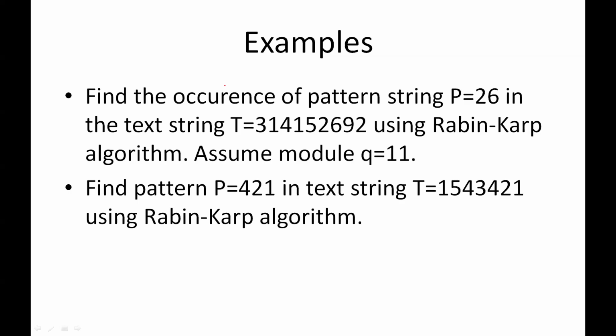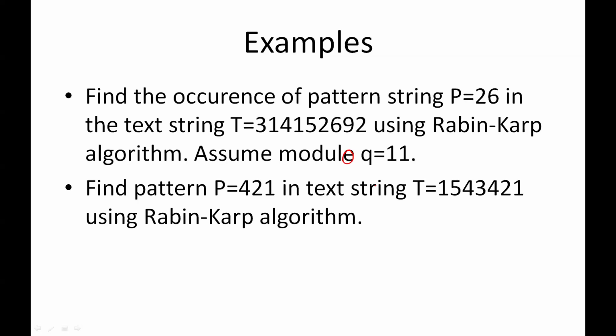Find the occurrence of the pattern string P equal to 26 in the text string T equal to 31415269 using the Rabin-Karp algorithm, with modulo Q equal to 11. So we'll see the example. We have to check for 26 in the text. You know where 26 appears visually, we can see it's over here. So we have to check that many characters to get a match.